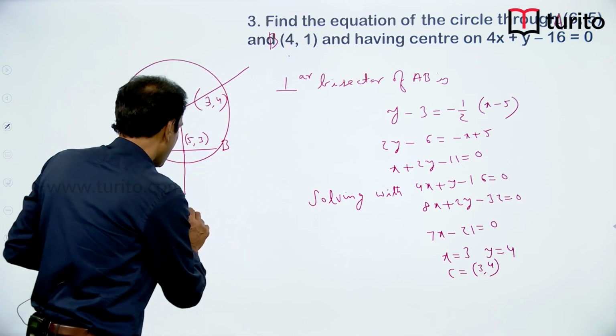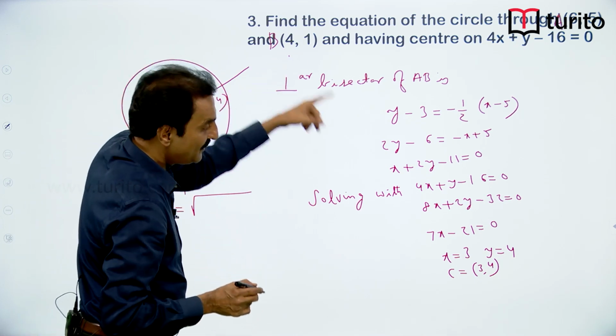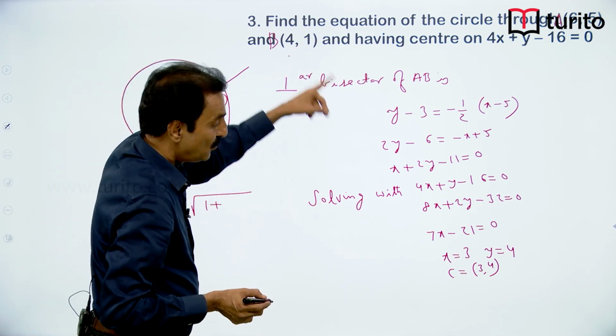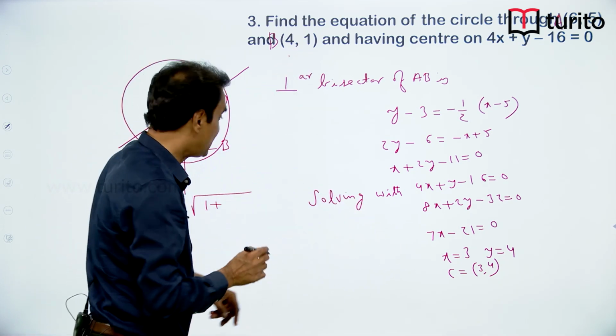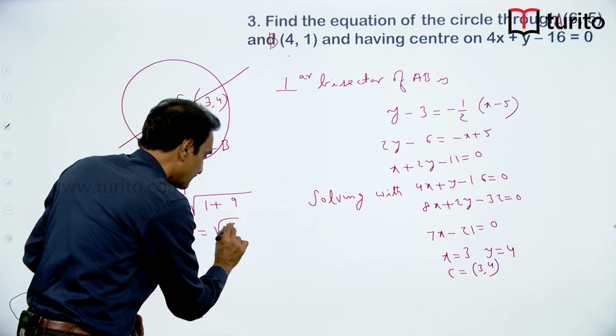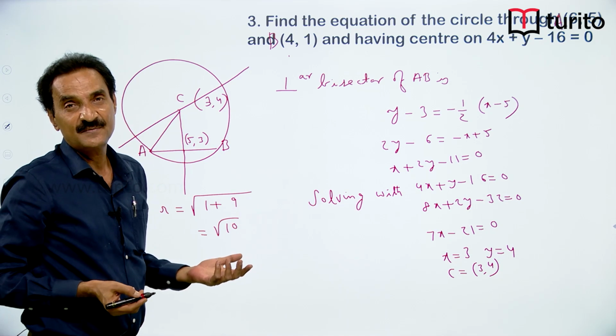Root over 4 minus 3 whole square, 1, plus 1 minus 4 whole square, 9. So, radius is root 10. Then what is the equation of the circle?